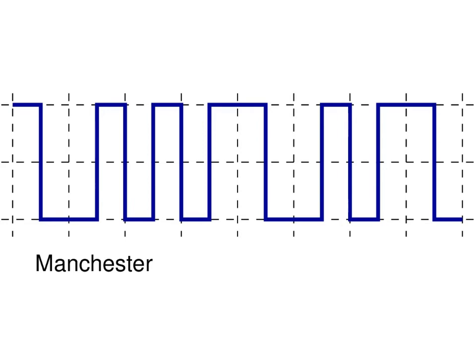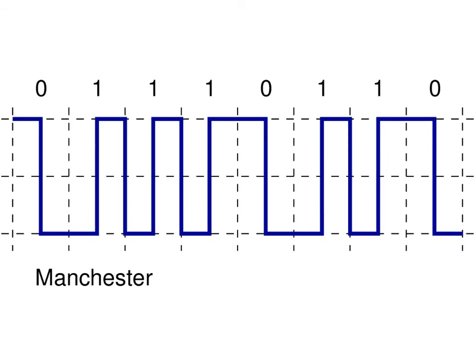And bit 1 is the opposite, from low to high. So here we have a transition from high to low in the middle of the interval. So this is bit 0. Here, the next bit, we transition from low to high, bit 1. And then the next bit, again, we transition from low to high, so it's a bit 1.